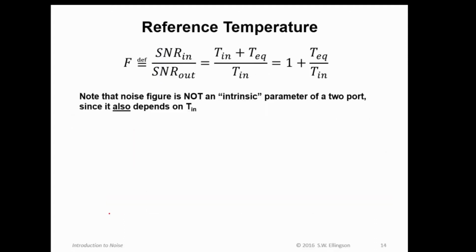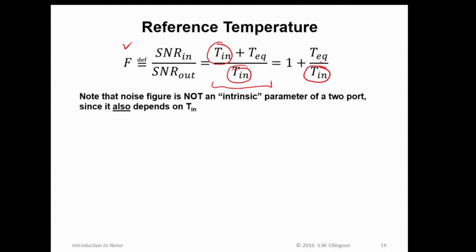This raises the question of a reference temperature. All right, what I just worked out is noise figure is given by this expression, but this expression depends on the noise that we applied to the input. In other words, the relationship between noise figure and equivalent noise temperature depends on what noise I applied to the input.